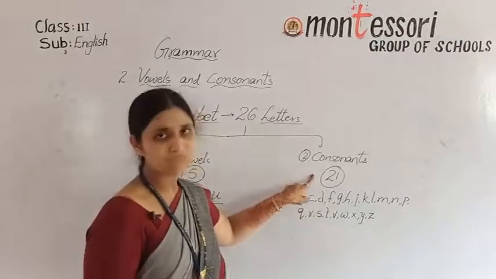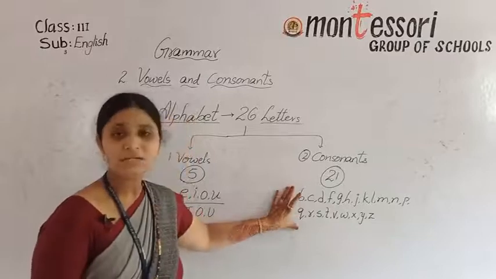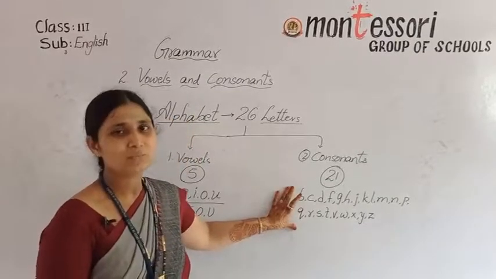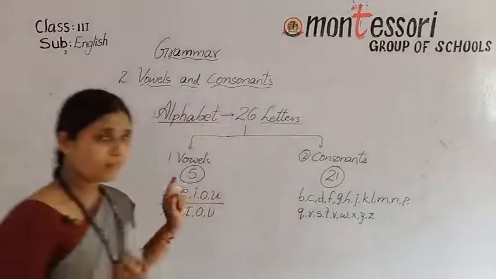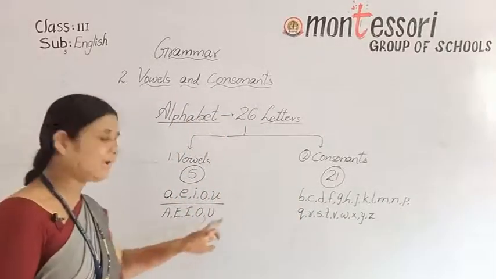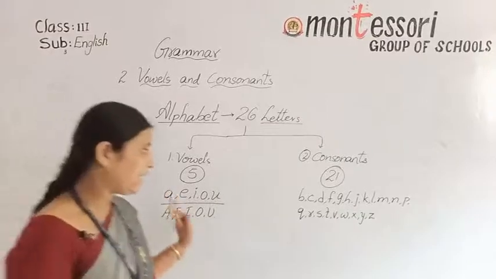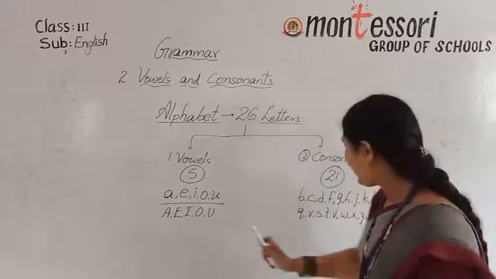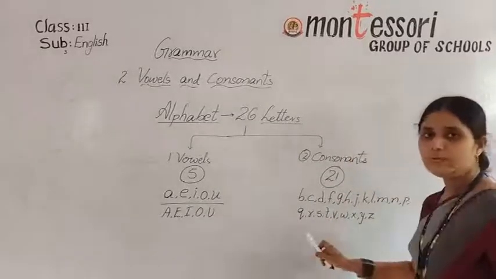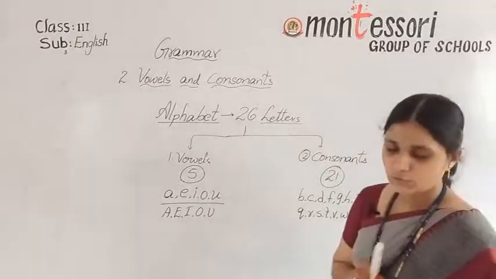The 21 consonants and we have written 21 letters also. Remember, these 5 are vowels, A, E, I, O, U. And the remaining 21 letters are consonants.